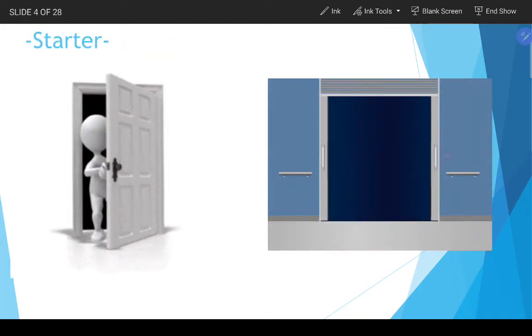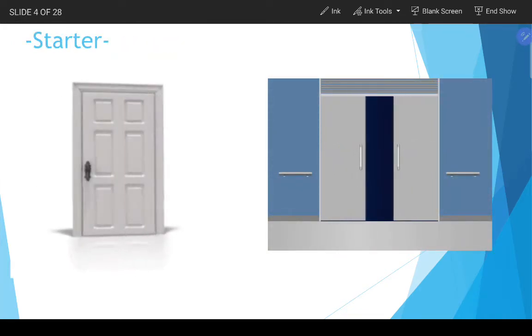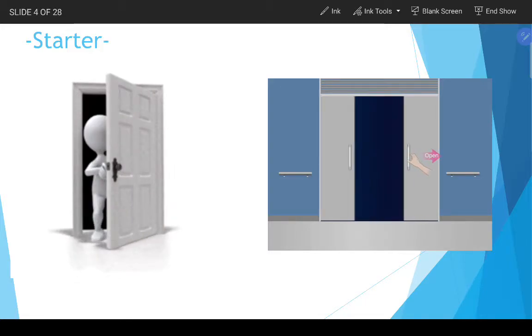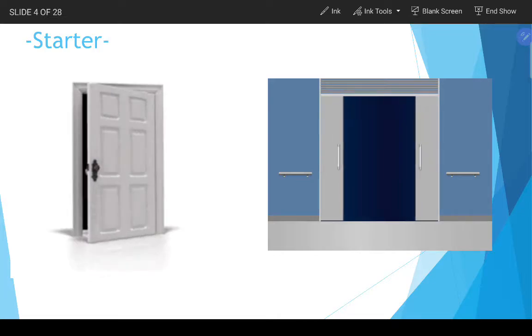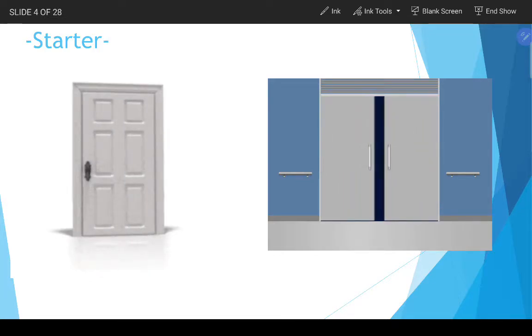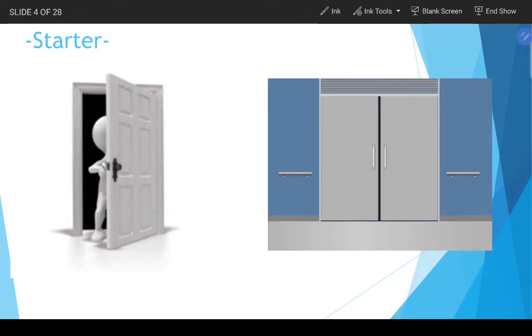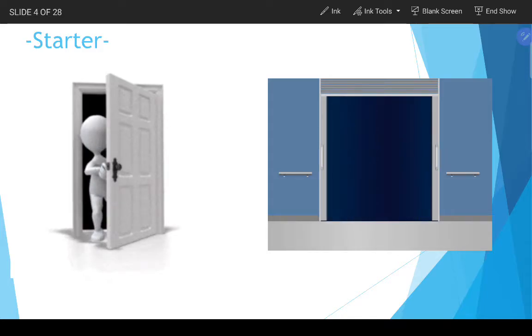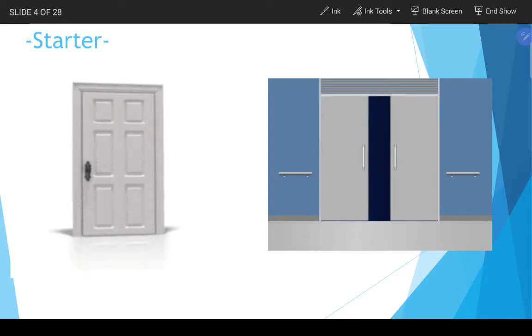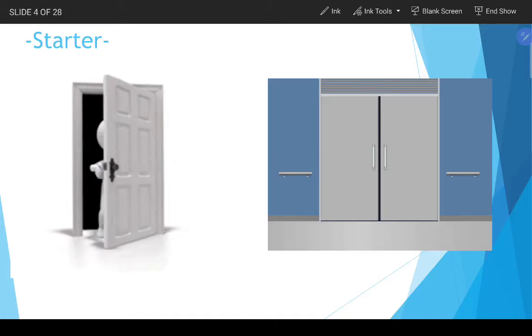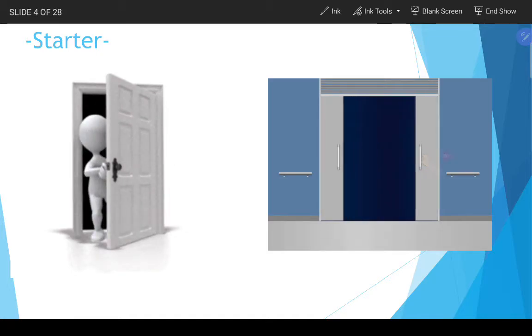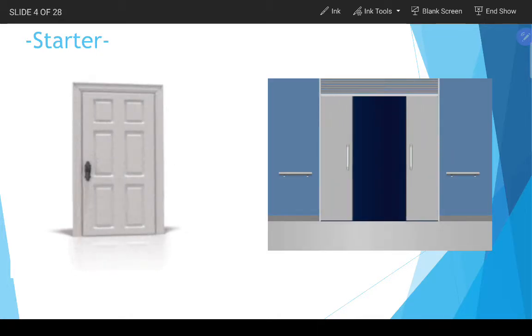Alright, so we have two diagrams right now on the board. Both are doors. Now, which door do you think is using moment? Moment, earlier in step to success number 2, was a turning effect of a force, so moment has to do with something turning.